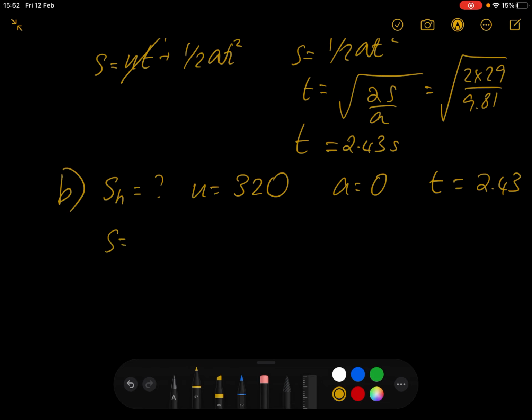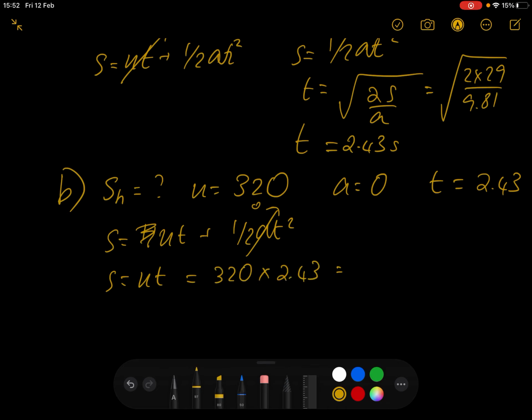So we may as well use the same equation. S is ut plus half at squared. A is 0, so that bit's out. S is ut, which is 320 times 2.43. Put that into my calculator. 778.1 meters.